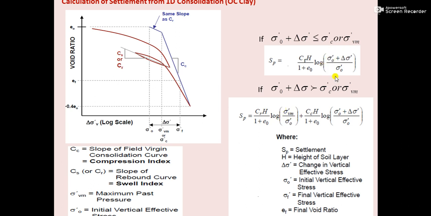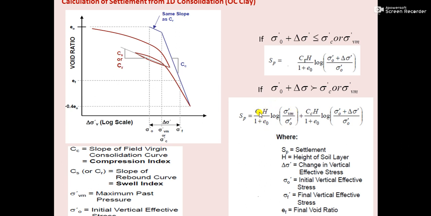Here you see the change. When only rebound was happening, in that case sigma naught dash plus sigma dash, similar formula to the previous normally consolidated clay, only there is a change where instead of CC you have used CR. But see the change over here.